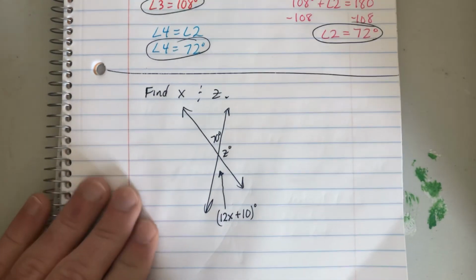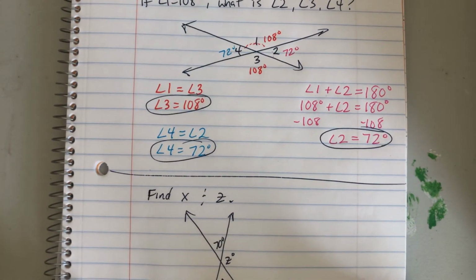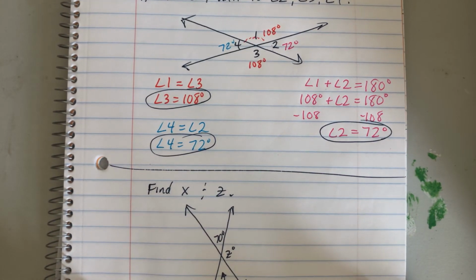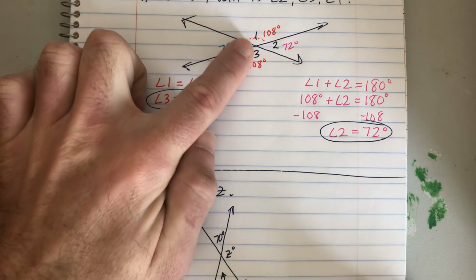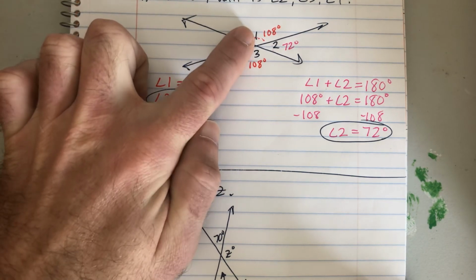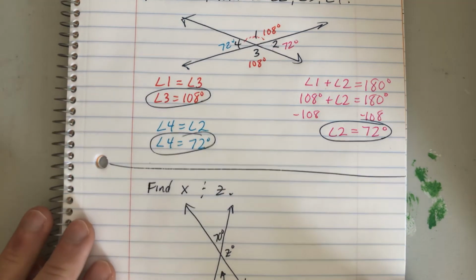Well, this looks a lot more confusing than this one up here. But they're kind of the same because they use vertical angles. If you look up here where maybe it was just a little bit easier for you, we knew that this angle 1 and this angle 3 were going to be the same because they're vertical. And we knew that the 2 and the 4 were the same because they're vertical.